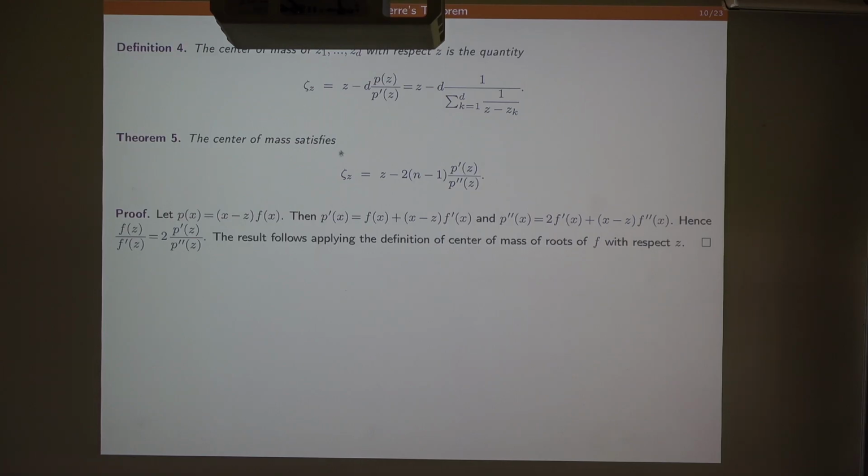It's very easy to prove, and I don't insist, because I will do an attempt of proof of the conjecture later, and the attempt of proof uses this expression. You have the proof here, and the proof is a very simple computation.